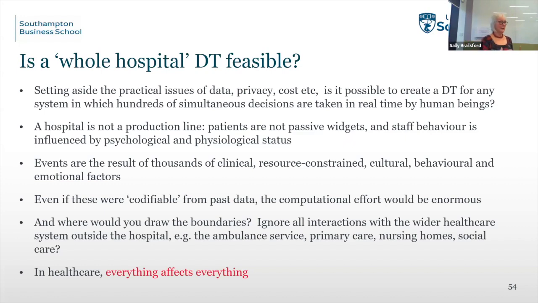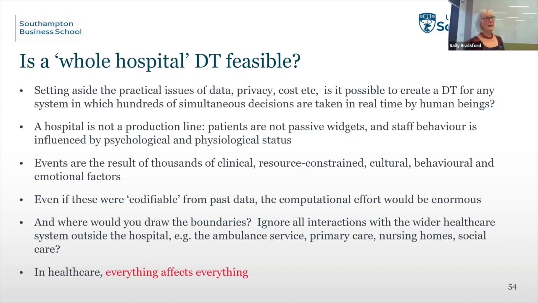It's not a production line. I know we simulation modelers like to build our models as if patients were moving around, but patients and staff are human beings, whose behaviour is influenced by a whole load of factors that are not necessarily observable. And every event that happens in a hospital is the end result of a whole load of factors that, again, are not necessarily observable.